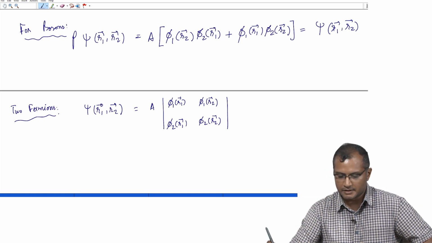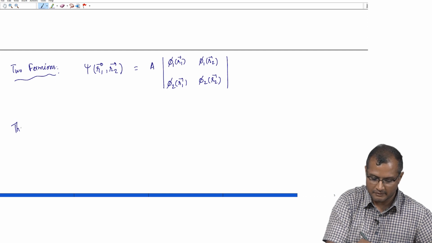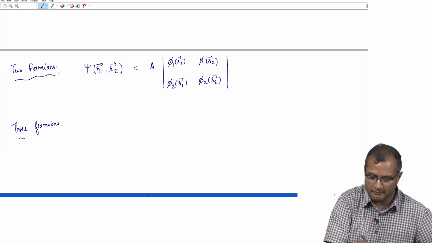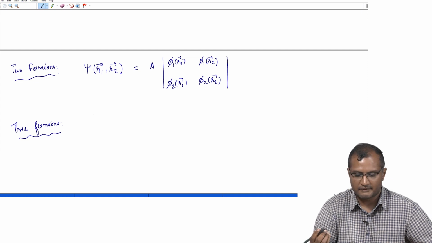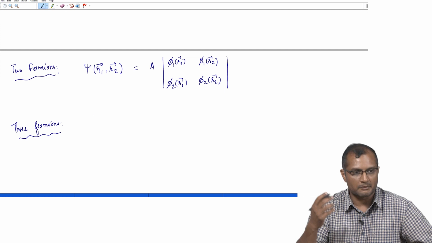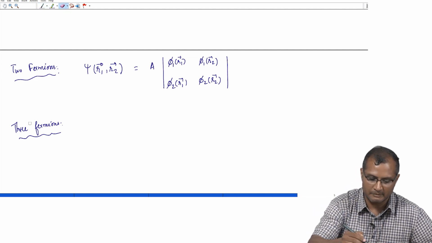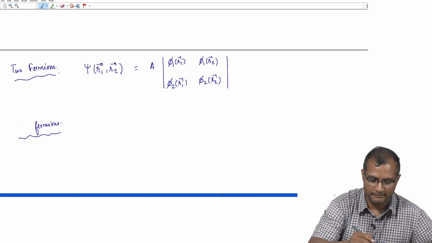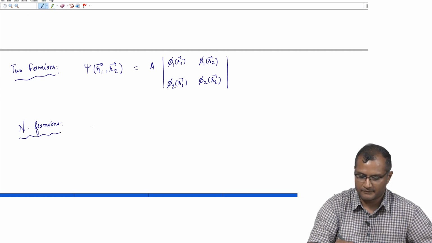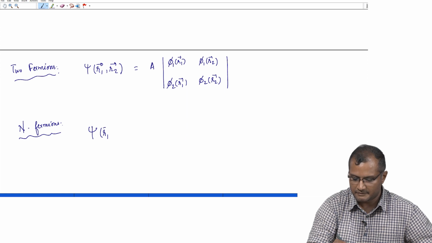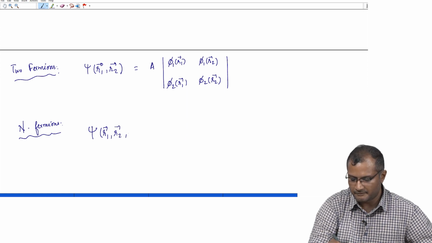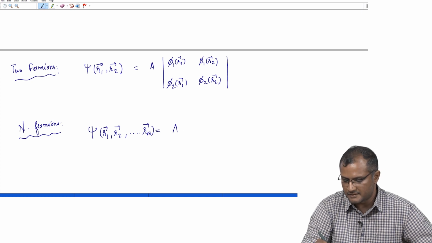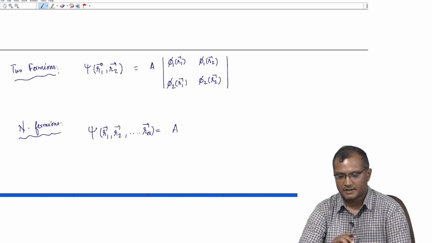Okay. And similarly for 3 fermions, or I would say for n fermions, let us write down for n fermions directly. You can write this n particle wave function as some normalization constant. Okay.